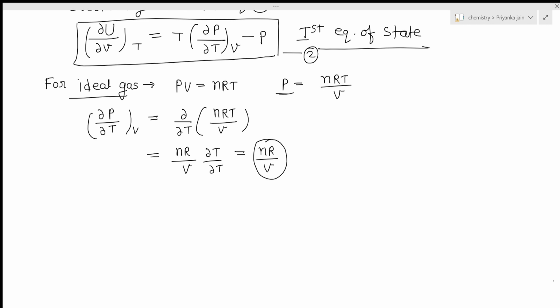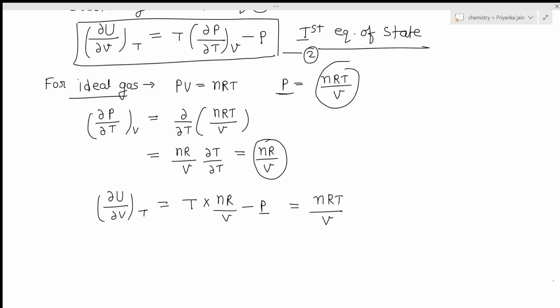So we are substituting this value here. So what are we getting? ∂U/∂V at constant temperature is equal to T ∂P/∂T at constant V minus P. Now substitute the value nR/V minus P. This will be equal to nRT/V minus P, and we know P is equal to nRT/V.